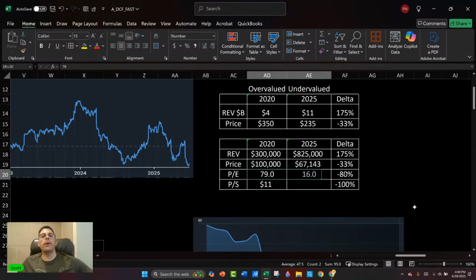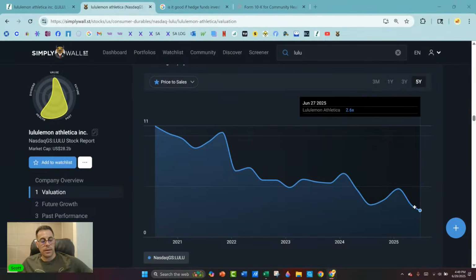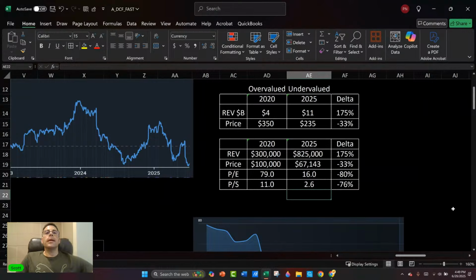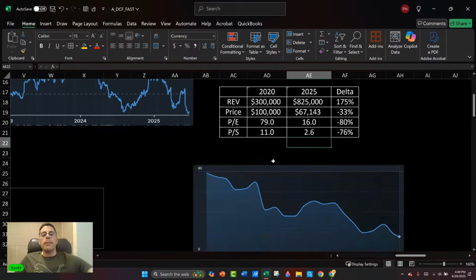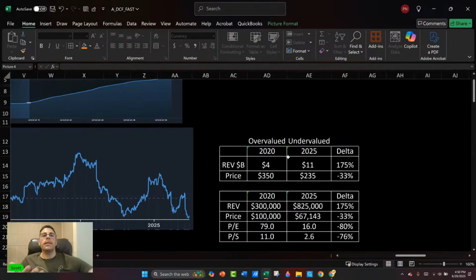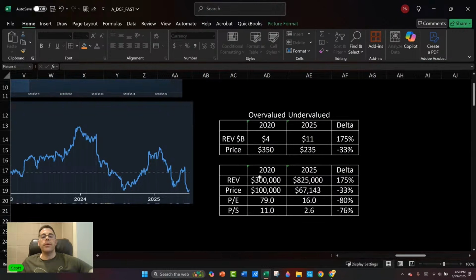I think this drives the point home, because price multiples are useful. It's the same company, but it's hard to compare even the same company because it's quite different. Their revenue went up 175%, so it's a lot bigger company in 2025.